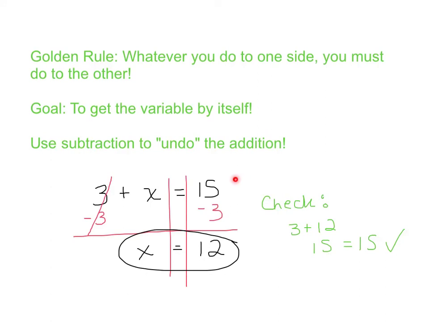Okay, you will not receive full credit on quizzes and tests unless I see this work, because while I understand that you might be able to do this in your head, problems will get more complicated and these steps will be very important. So x equals 12 would be what's called my solution, because it's the value of x that makes this equation work. So looking forward to practicing the sum tomorrow.